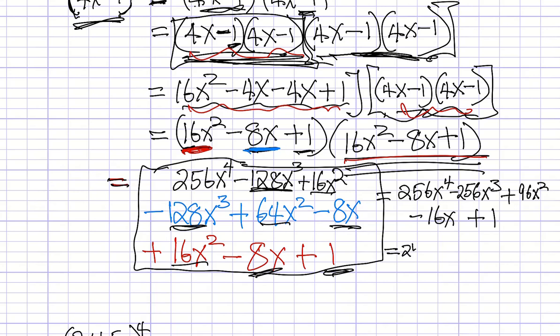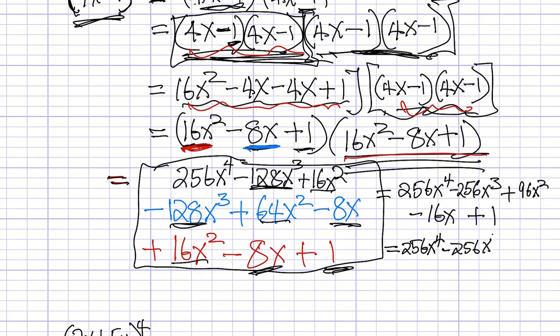We get 256x raised to the power 4 minus 256x raised to the power 3 plus 96x raised to the power 2 minus 16x plus 1. I hope it's correct.